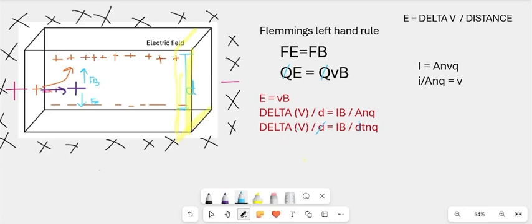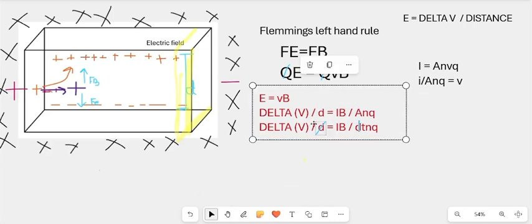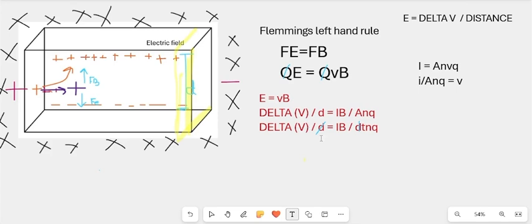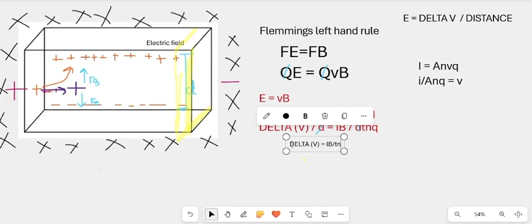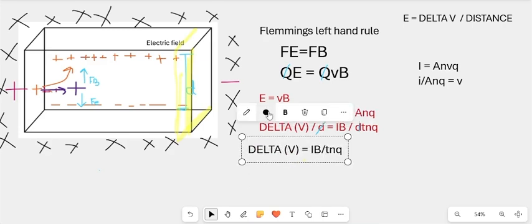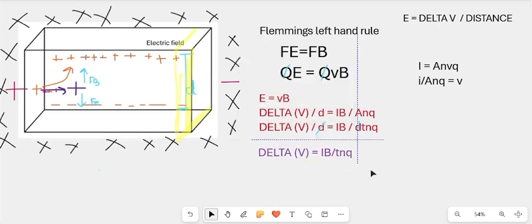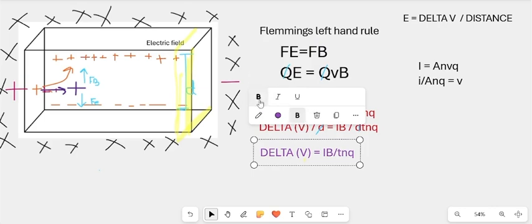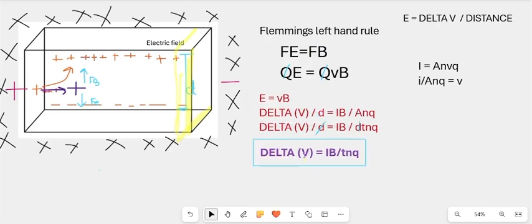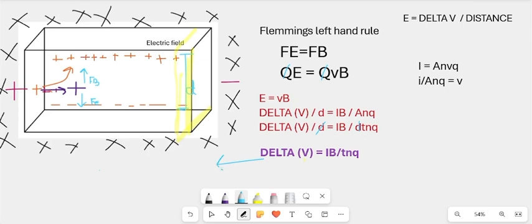I am left with delta V equals I B over t N Q. And delta V is my voltage, so I can write delta V as VH as well, to denote that this is Hall voltage.